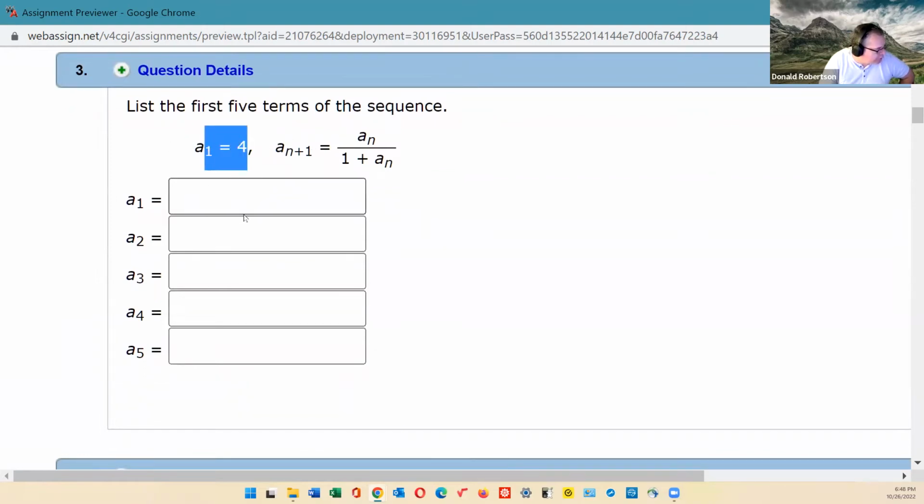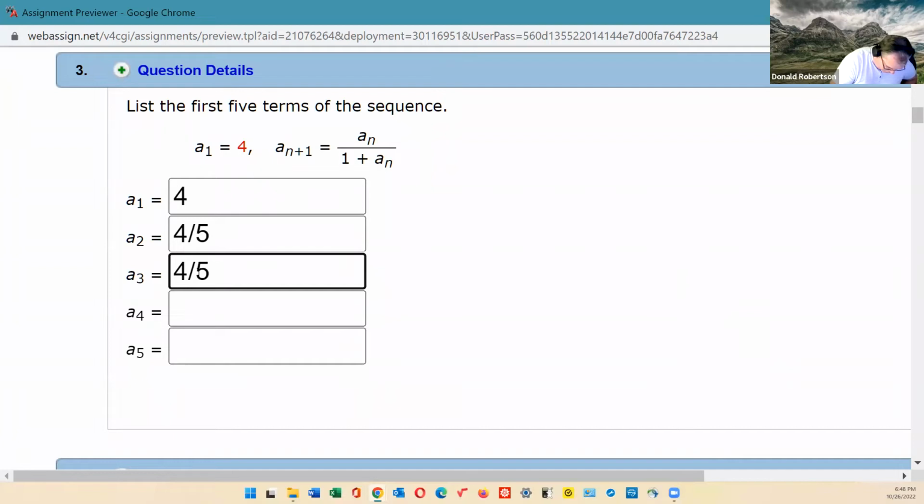Now, this one is a recursive relationship. You start with 4, so the first one's for free. And then you can go here and you can get the next number. So it's the previous number 4 divided by 1 plus that number, which is 5. Then the next one is messier. It's the previous thing, 4/5.